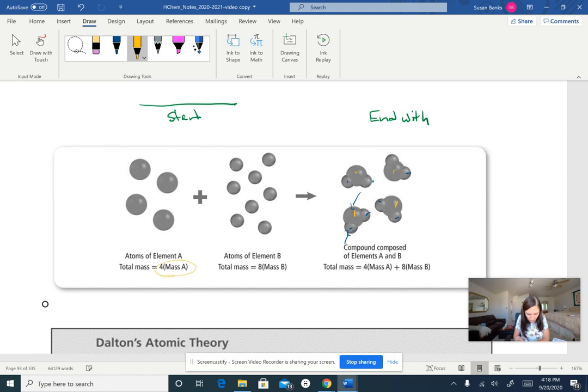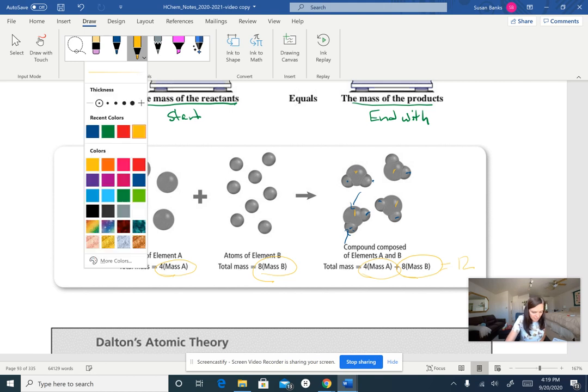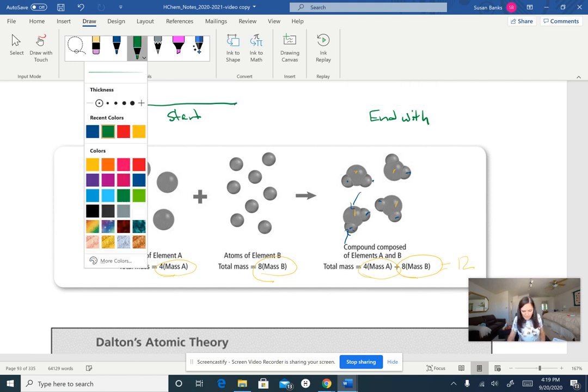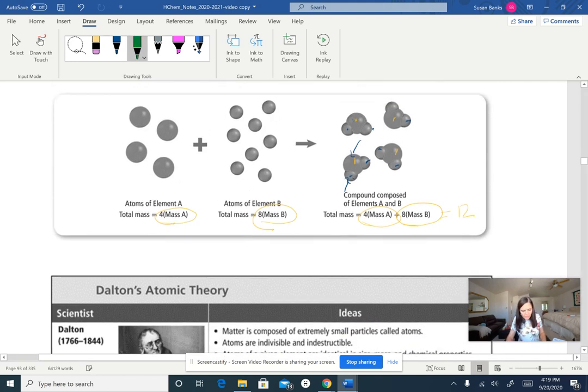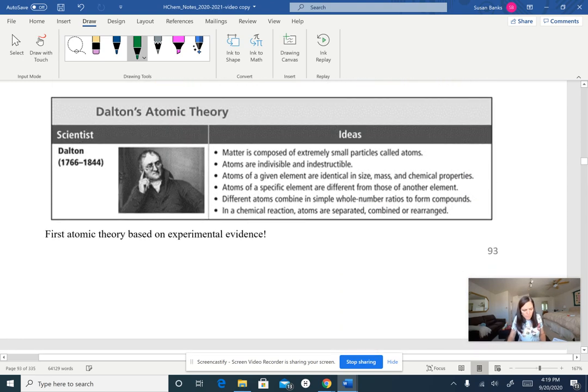I have a mass of 4 for A and a mass of 8 for B, which will still add up to 12 total. Okay? So this is the theory that we use a lot in chemistry.